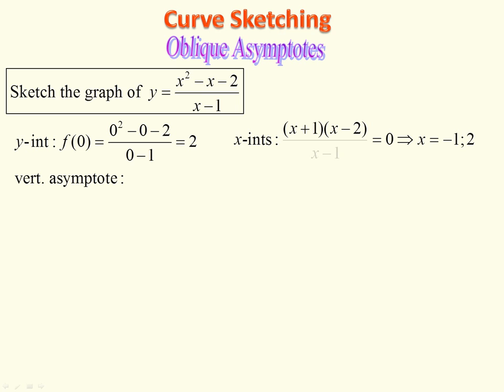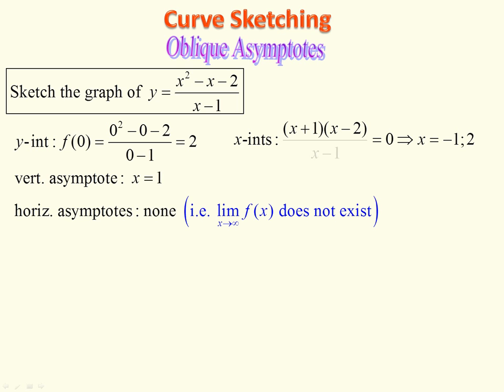Now for vertical asymptote, I'm going to find the value of x that makes this tend to infinity. X equals 1. Horizontal asymptote, I'm going to find the limit of that as x tends to infinity. And then none. The limit does not exist of f of x as x tends to infinity.